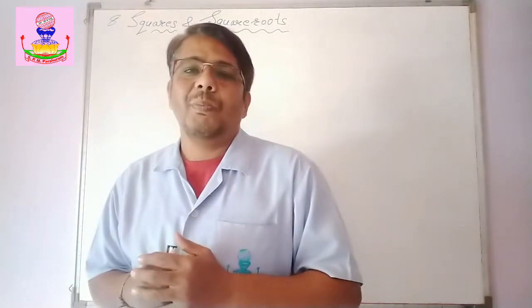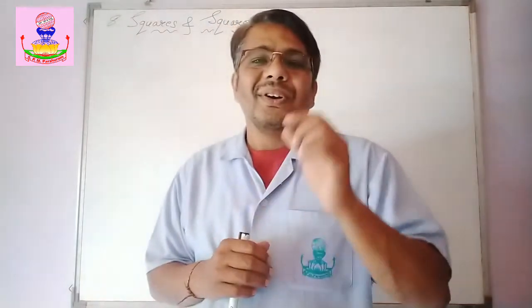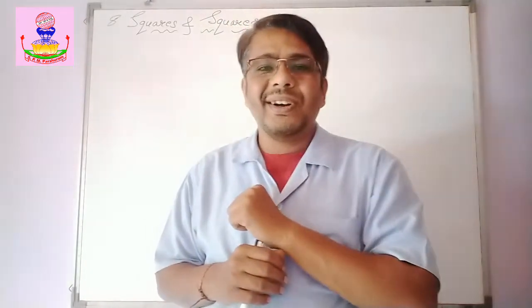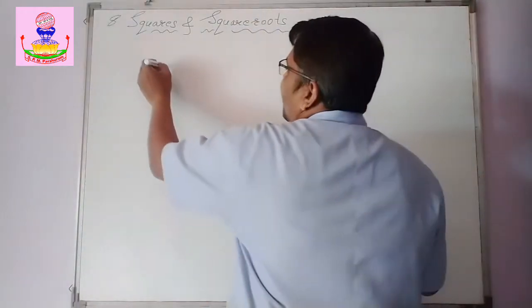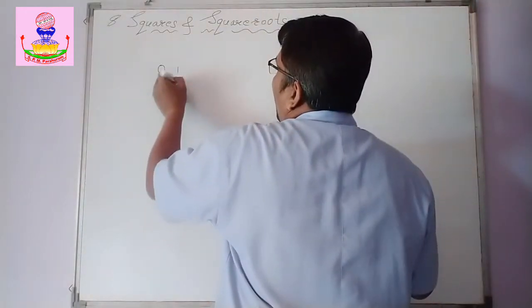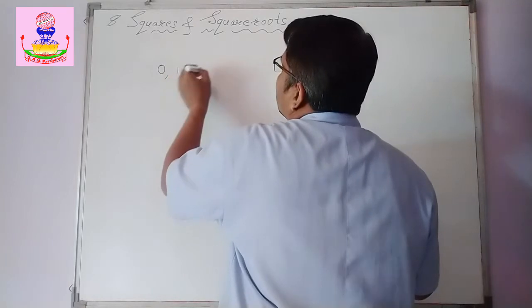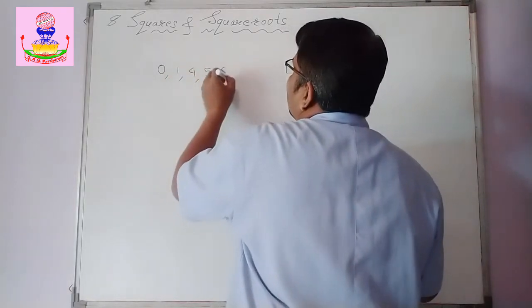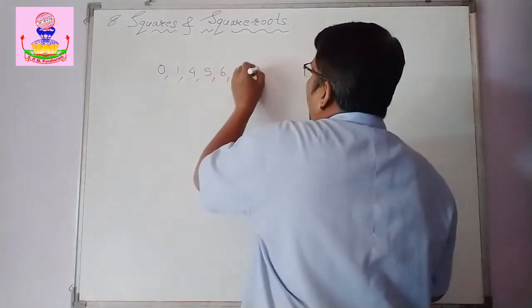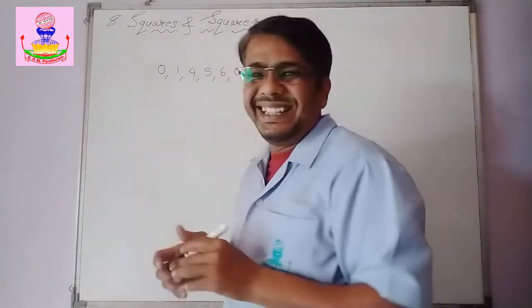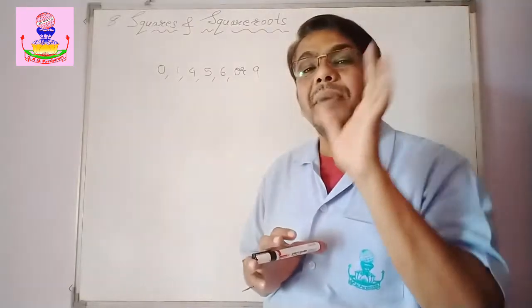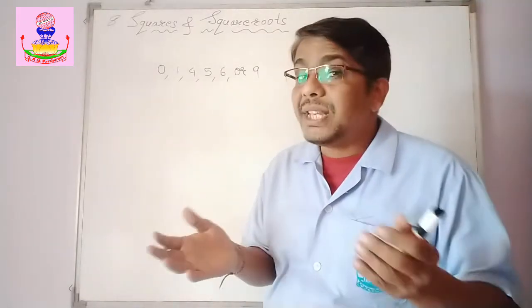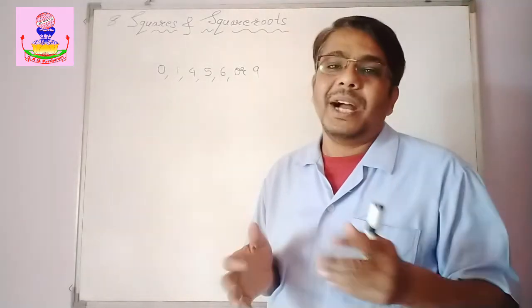Okay? Now, if in the units place of a number I have 0, 1, 4, 5, 6 or 9, then it may be a perfect square. We cannot guarantee. Why?